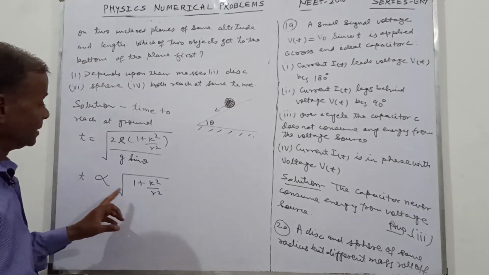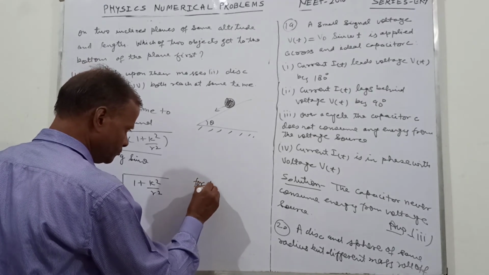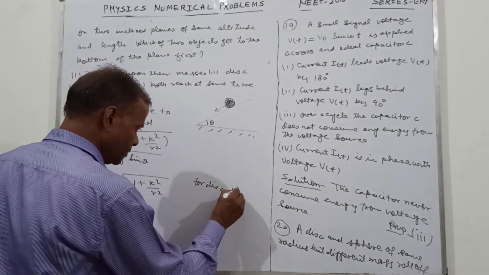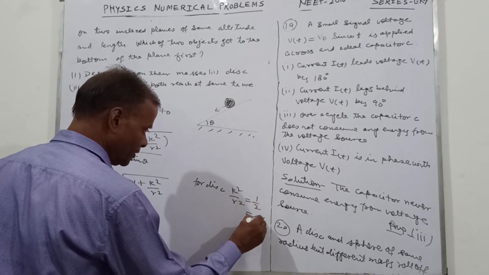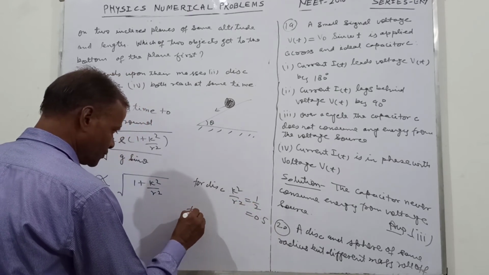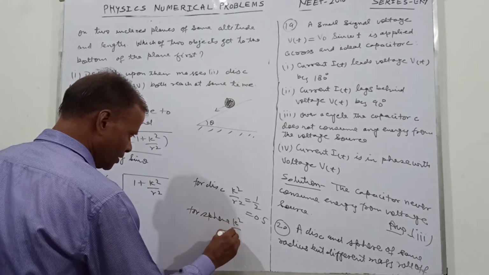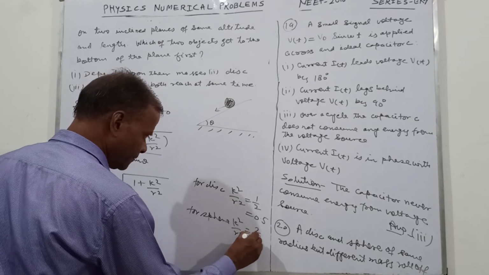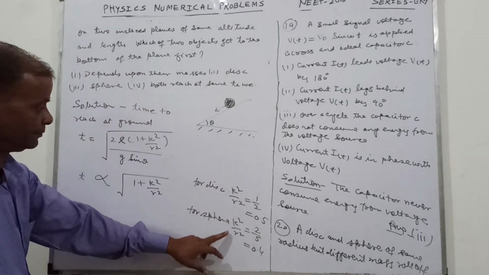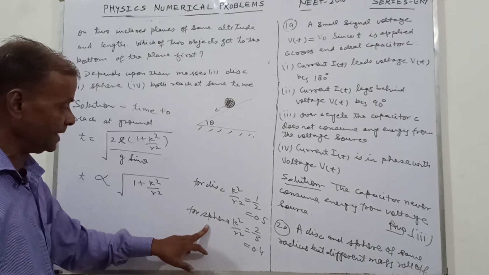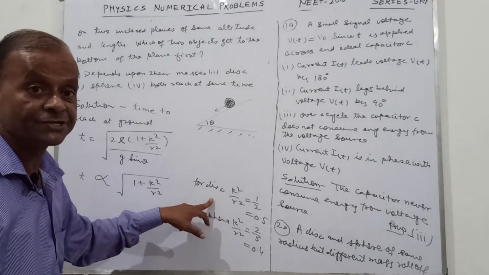It means that if we take disk, for disk k squared upon r squared equals 1 by 2, so this is 0.5, and for sphere k squared upon r squared equals 2 by 5, so this is 0.4. Clearly the value of k squared upon r squared is less for sphere in comparison to disk.